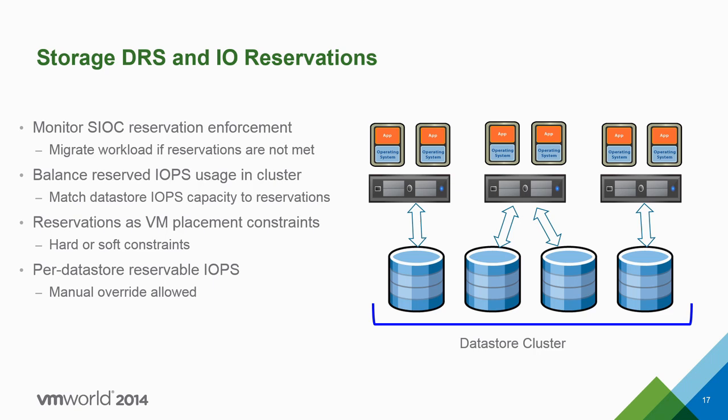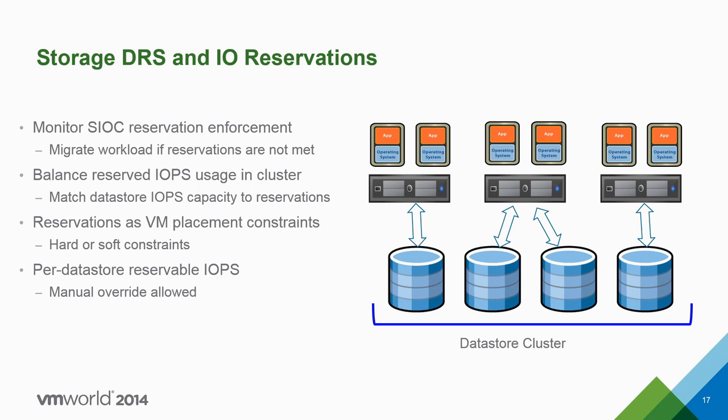The second thing is that when you are making initial placement on that data store cluster, the reservations come into play. You can have reservations in one of two ways. You can have reservations as hard constraints, which is not the default, or soft constraints. If the reservations are soft constraints, that means the overall data stores will be allocated VMs to the amount where reservations on individual data stores can be supported.